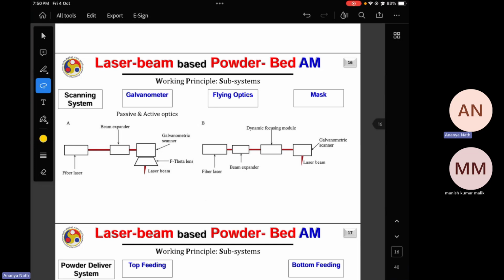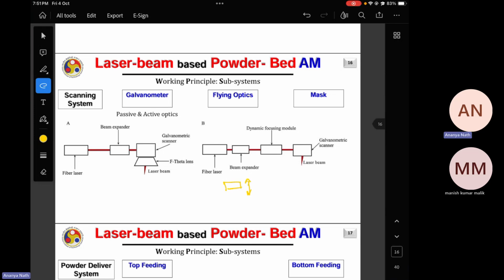Galvo scanner is the arrangement that we have seen in case of wet photopolymerization also. Masking is not useful and flying optics is useful. So basically flying optics will have the arrangement of F theta lens and Galvo scanner all together. Okay, not flying optics. So Galvo scanner is useful to move the laser beam onto the platform very rapidly.